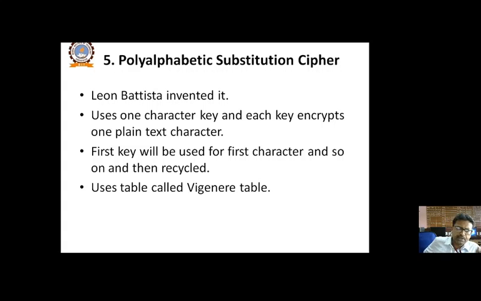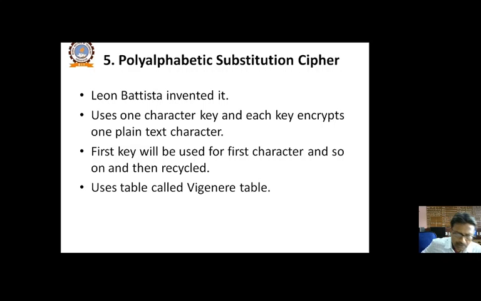So the first character of the plain text will be replaced by another character depending upon the first character of the key. The second character of the plain text will be replaced by another character depending upon the second character of the key.